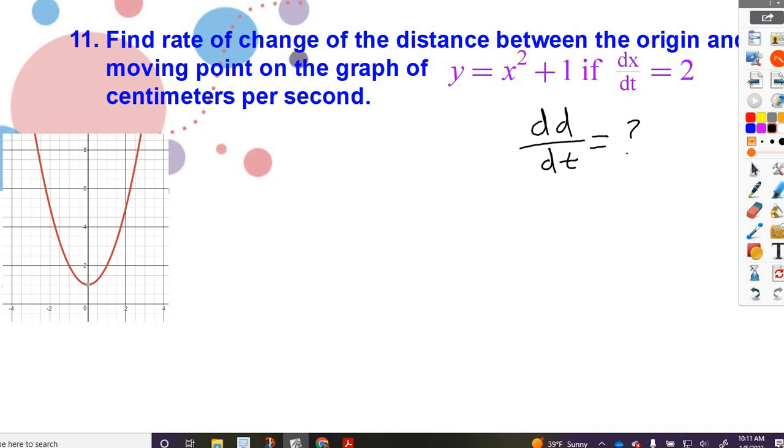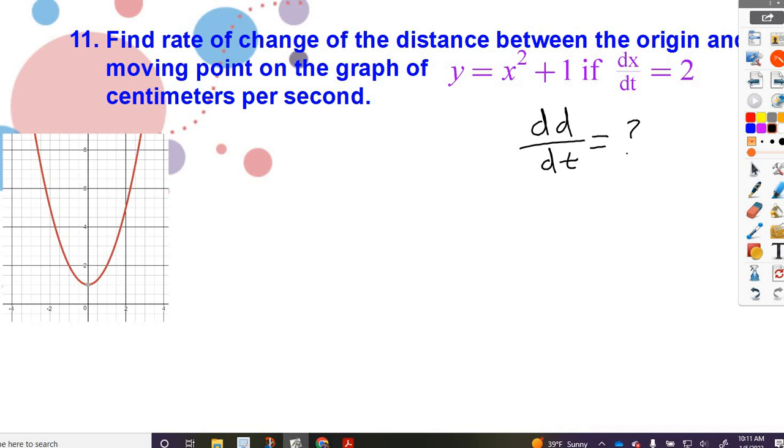Now, if they give us some equations, do I want to take the derivative of that equation? Why not? No. If they asked me a different question, like the rate at which y is changing, then that would be dy dt, yes?